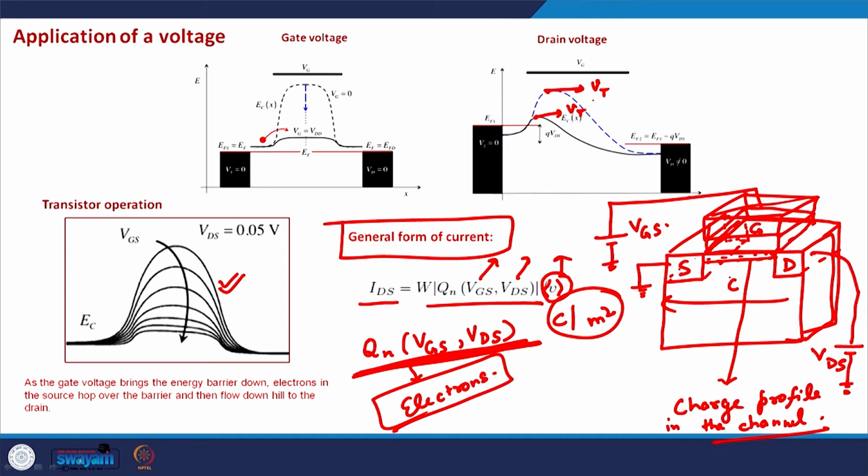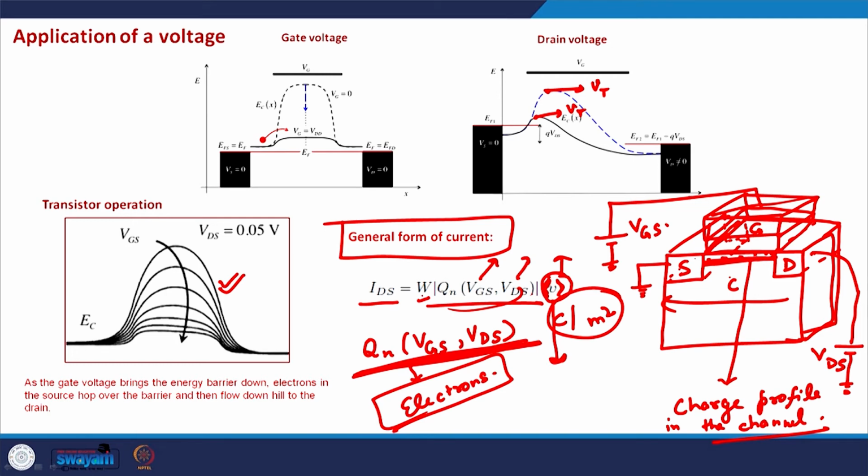So if we have the charge density or the number of electrons in steady state in the channel, and we know how fast this charge is moving through the channel, then the current will be given by the product of the charge density, the velocity and the width. This is a very general definition of the current, and it is true for any arbitrary device, not just for MOSFETs.